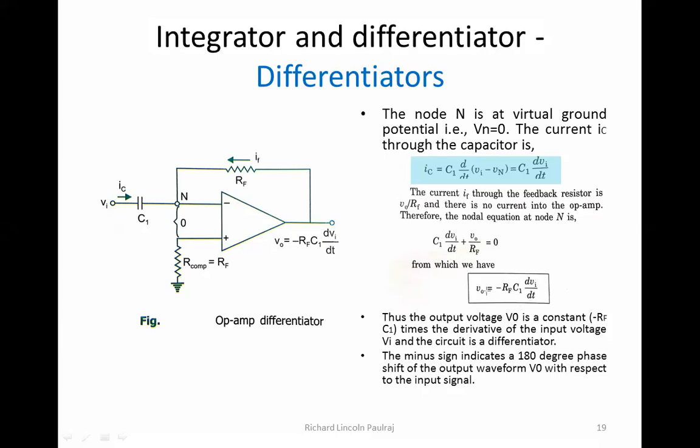So on the whole, I receive an equation which is V naught is equal to minus RF C1 dVi by dt. That's the same equation that you find here. So what do we understand here? It is dependent on the time constant RC and the rate of change of voltage.